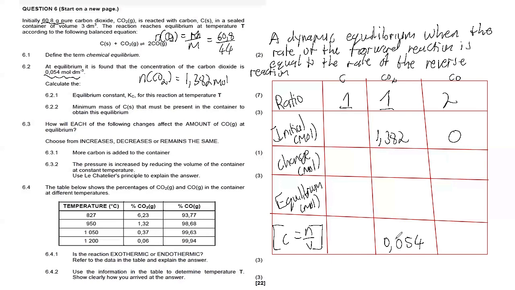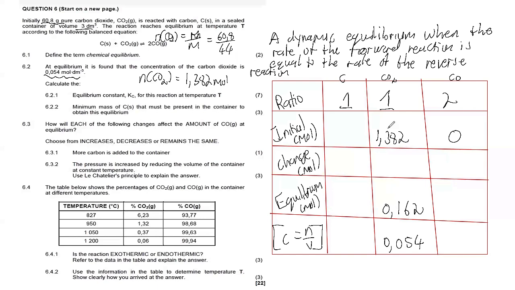I can do a reverse calculation: take the concentration and multiply it by the volume. So 0.054 multiplied by 3 gives 0.162 for the equilibrium number of moles of the carbon dioxide.